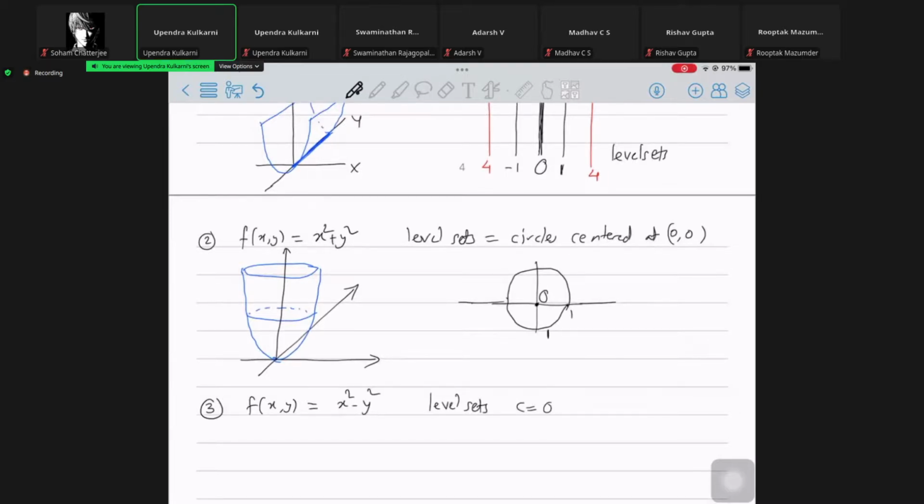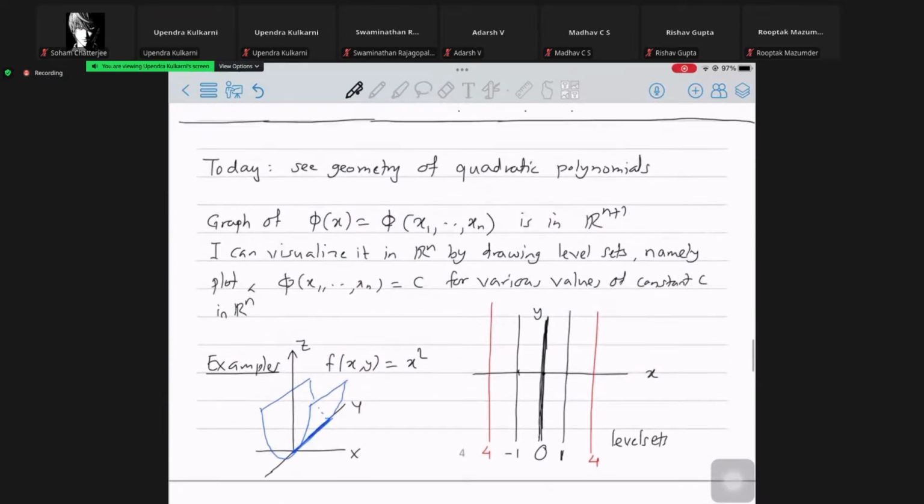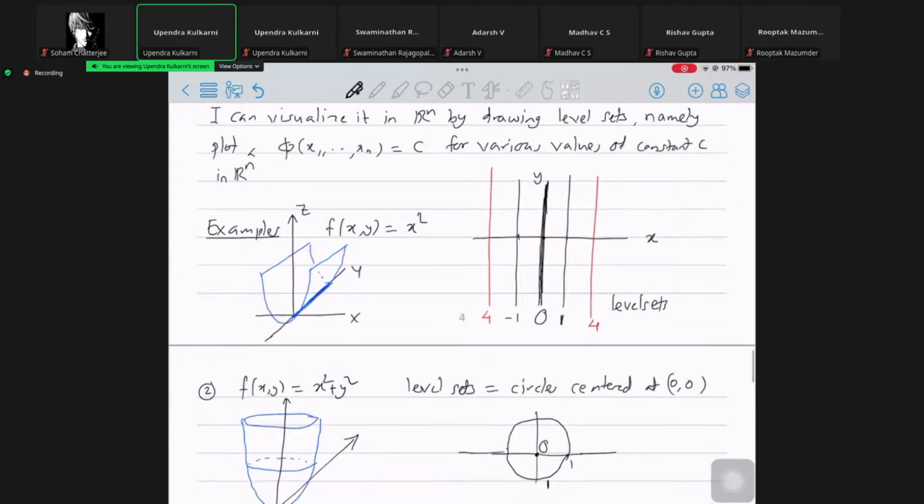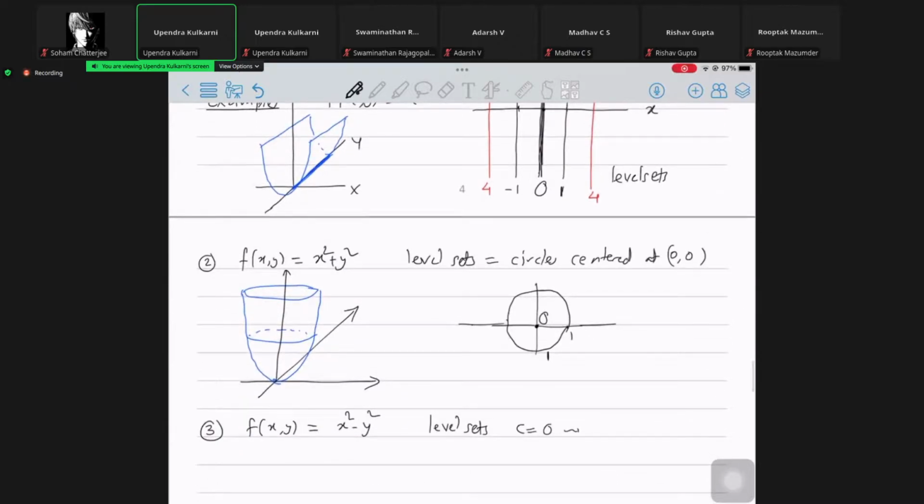If I have c equal to 0, then what do I get? That simply means two lines. Yeah, exactly. So I have to set this given formula equal to various constants, c. So I'm setting c equal to 0. That means I have x square minus y square equal to 0. That just means x is equal to plus or minus y. So I get 2 lines, or y equals plus or minus x.